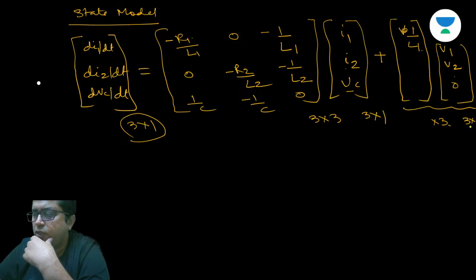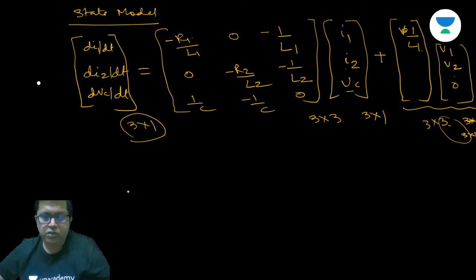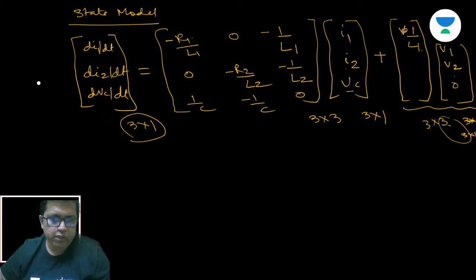Therefore this matrix will be 3 by 3, since 3 by 3 times 3 by 1 gives 3 by 1. So I will write down this matrix here only.